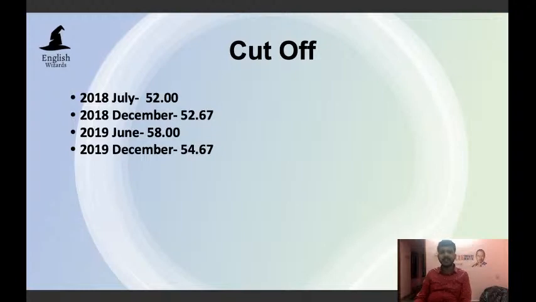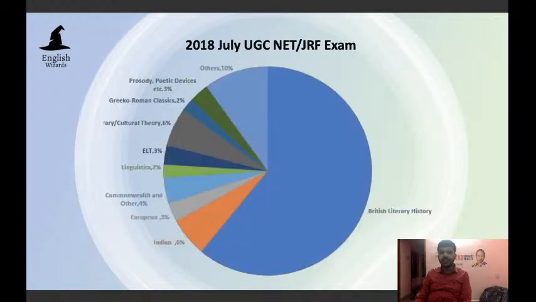See, the first thing is, if you look at the NET that happened in July 2018, what you will see is that the portion that got the most priority is history of English literature. They have asked almost 61% of the questions from that.